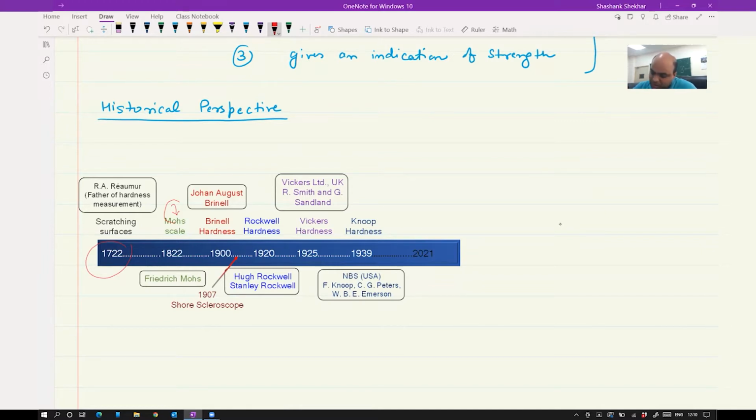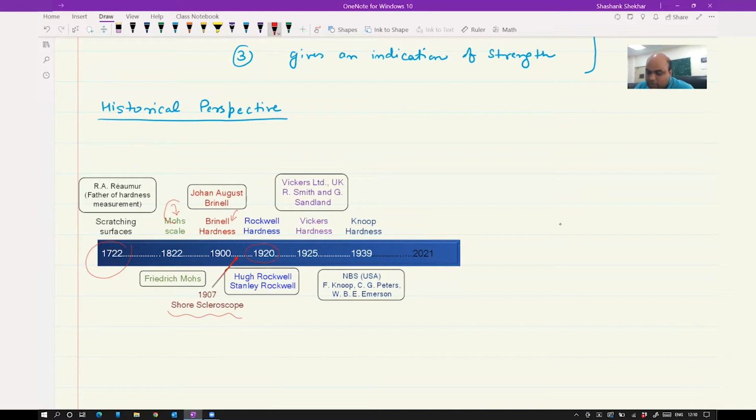After that, John Brinell developed Brinell hardness in 1900, and then rebound hardness around 1907. Then Rockwell hardness came into the picture around 1920, where we are going to talk about the preload method.